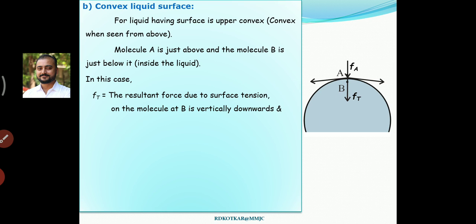Ft is the resultant force due to the surface tension on molecule B, and it's vertically downwards. Remember, in each and every case we are talking about the resultant force due to surface tension, which is always acting on molecule B because it is present inside the liquid. So Ft will be acting in a vertically downward direction.